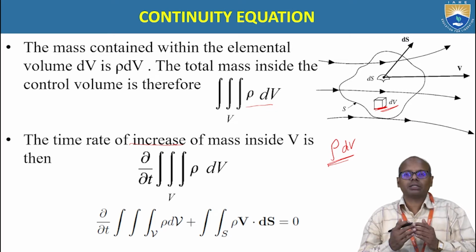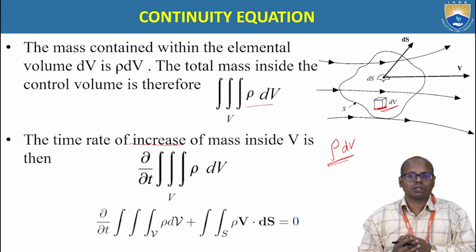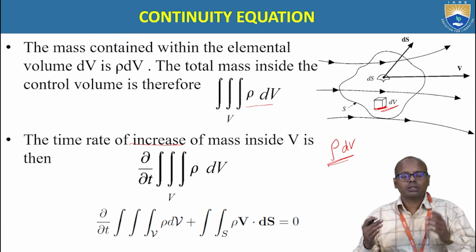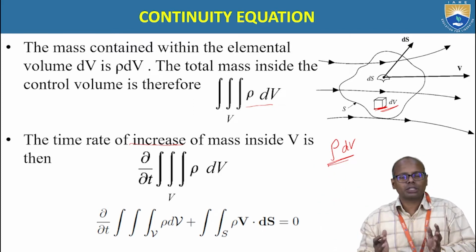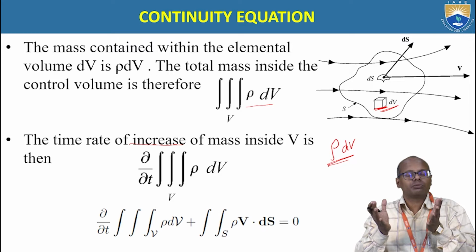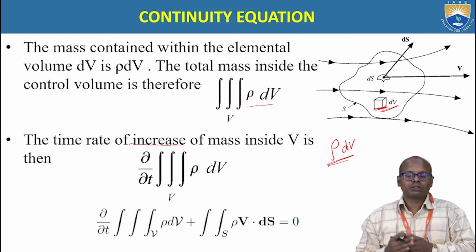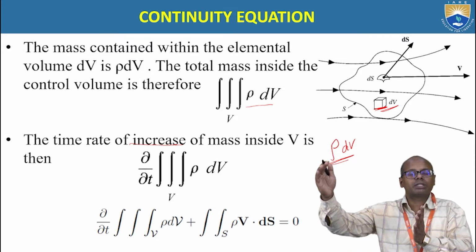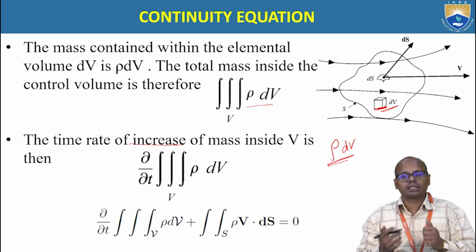If the net mass flowing out is negative, negative means the mass entering is more and mass leaving is less, so the mass of the control volume will increase. If the net mass out is positive, what is the meaning of that? If the mass entering is less and mass leaving is more, then the mass of the control volume will decrease.